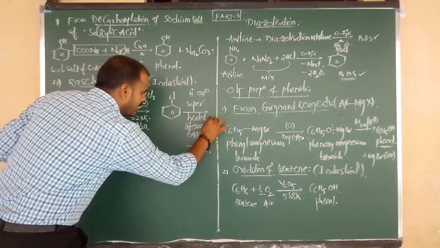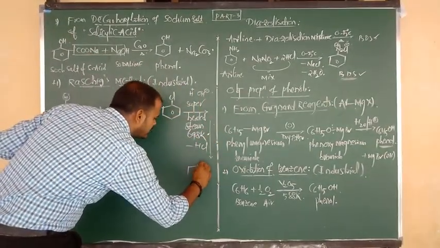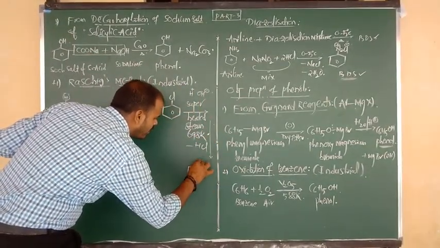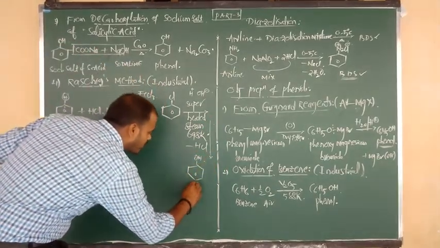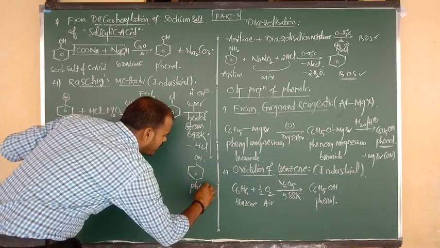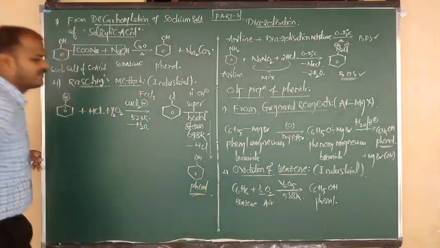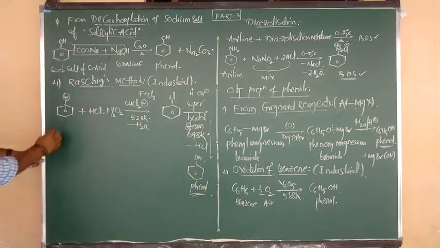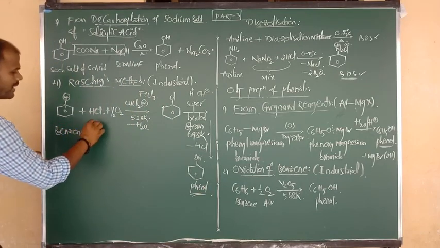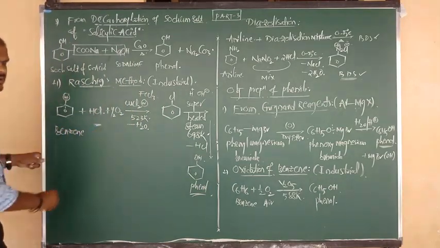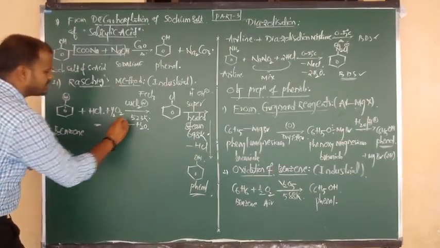That means here we are getting the product phenol, benzene bonded to OH. So what is the compound name? The compound name is phenol. Write one statement. Benzene on reaction with hydrochloric acid and followed by oxidation by air.